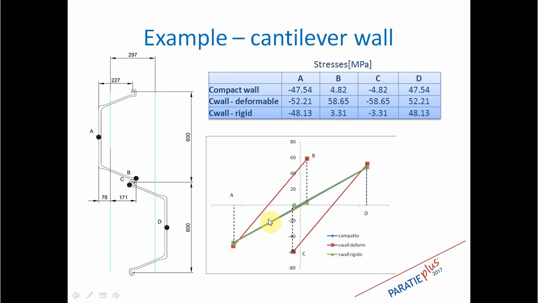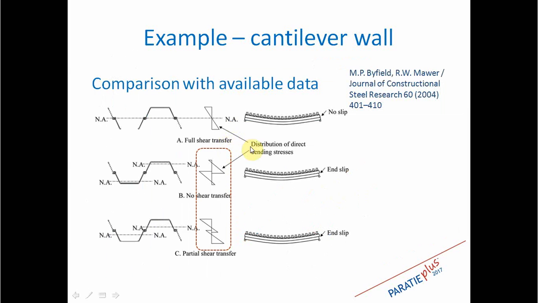Whereas if we have a deformable slippage, we have a behavior that is in between the two. Essentially, the maximum values are the same, but internally the axial stress in these two points are quite different than assuming compact behavior. And this also is in agreement with available data in the literature.